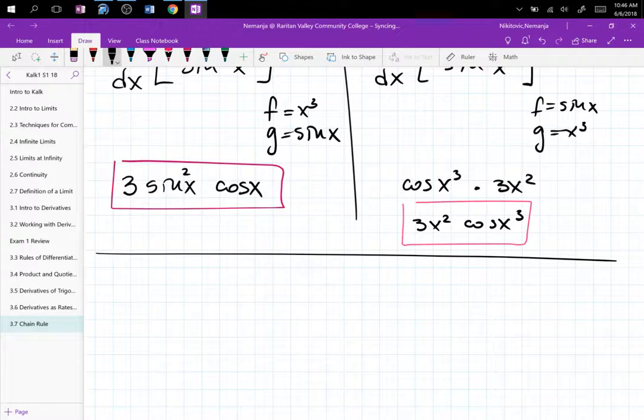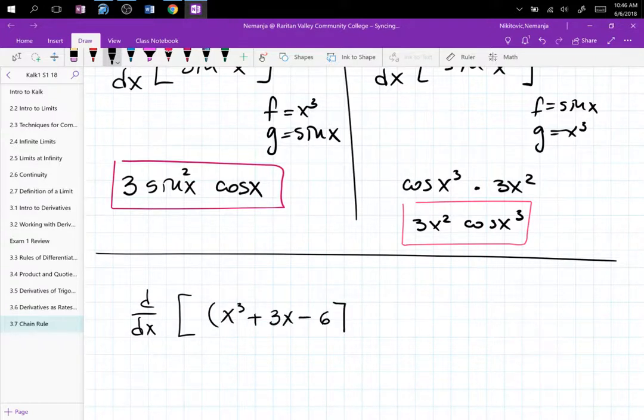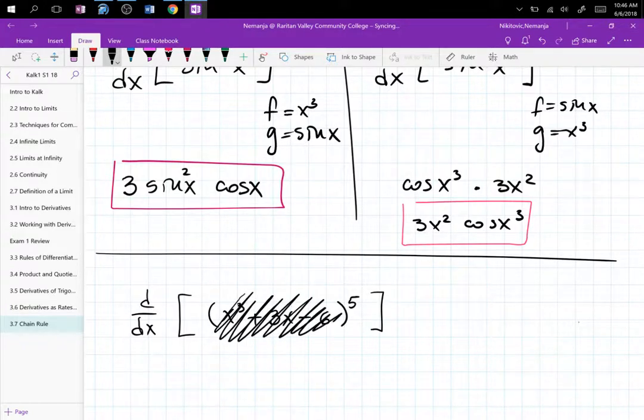So first, we said if you have the derivative of, and let's say over here you have x cubed plus 3x minus 6 raised to the 5th power. We said I'm going to disregard what's inside.